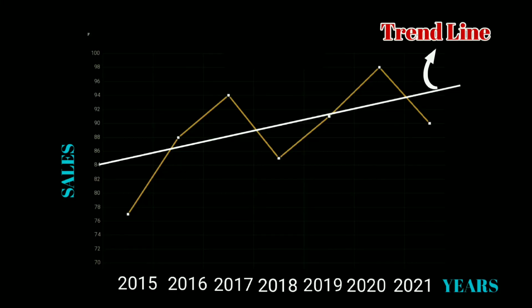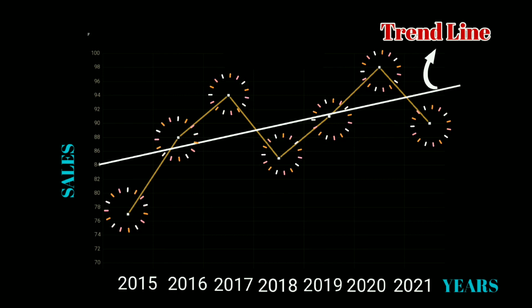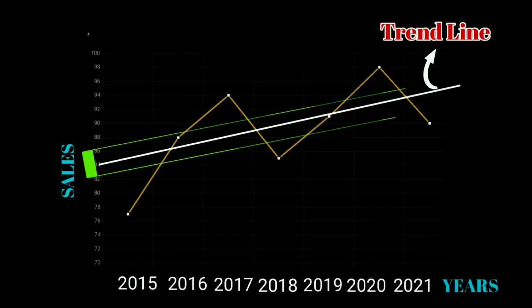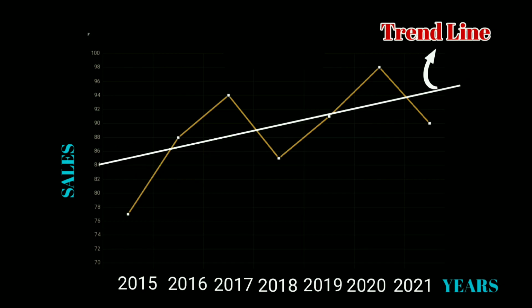Whenever you draw the trend line, always remember to take the years on the x-axis or horizontal scale and the sales value or any other such value on the y-axis. After plotting the points, you will get a curve like this. Now just draw a straight line, and that straight line is the trend line you have to draw.